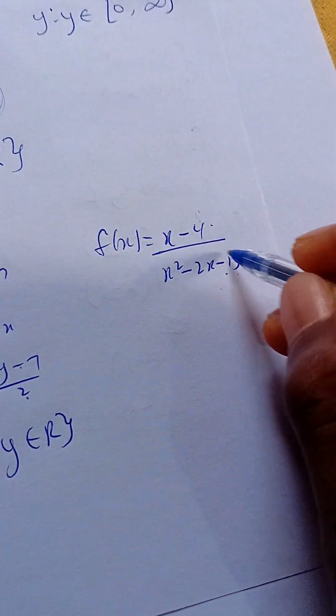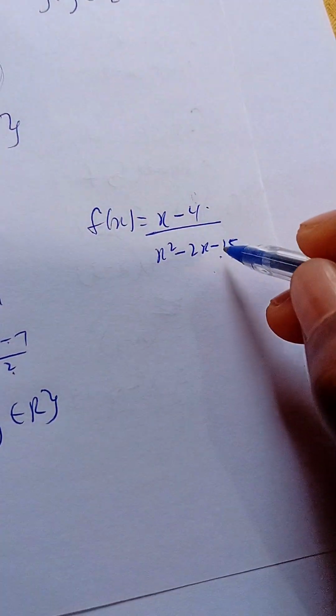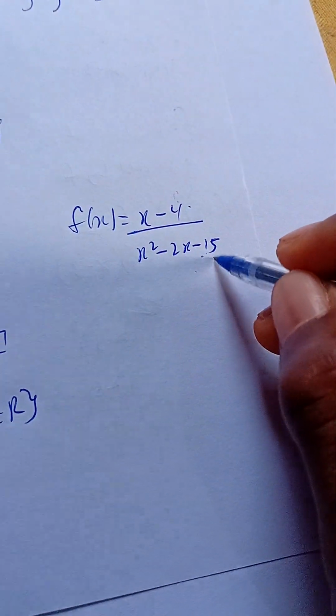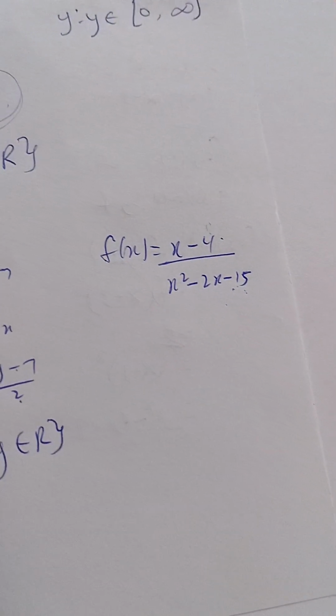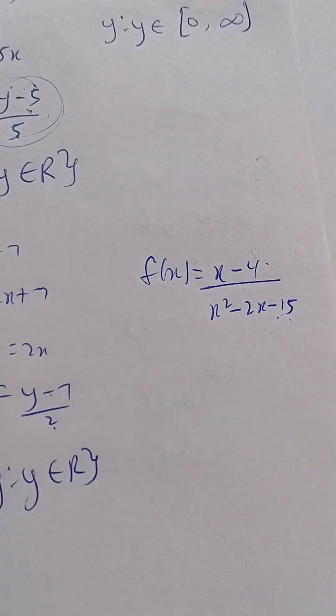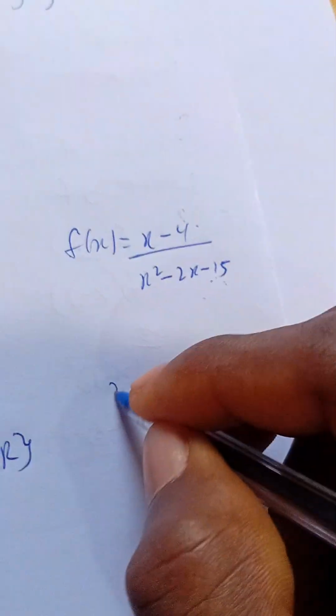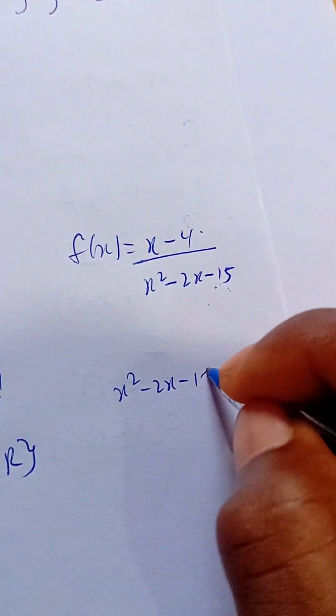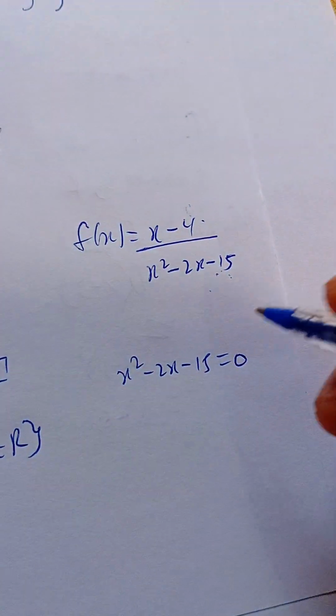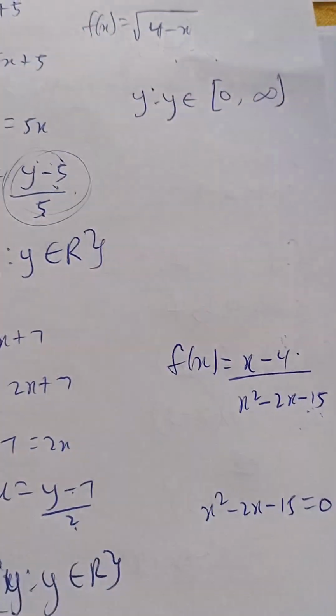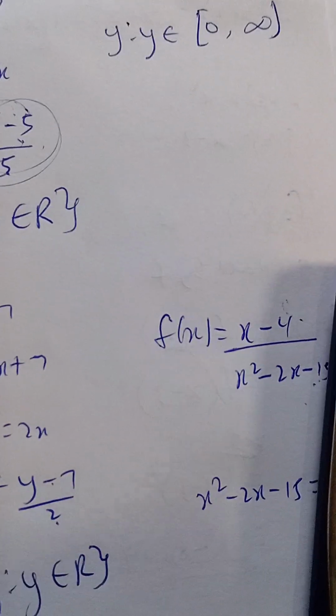So let's find the values which will make this undefined. Let's equate this to 0. Whatever values we find, our domain will be the set of all real numbers except those values. So x squared minus 2x minus 15 equals 0. And let's quickly use our calculator to solve this.